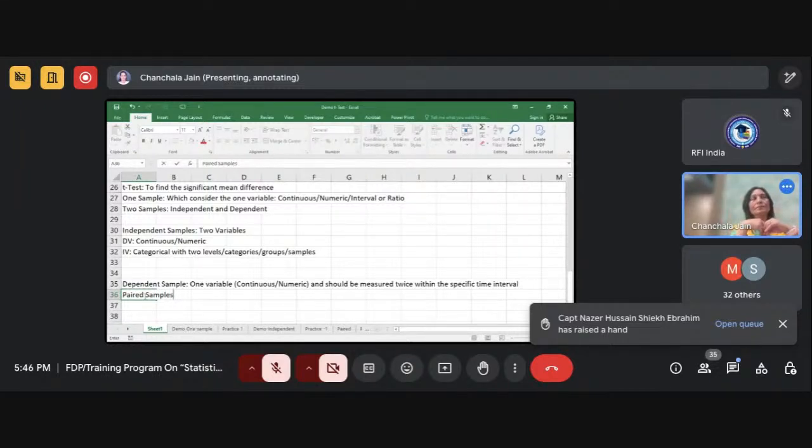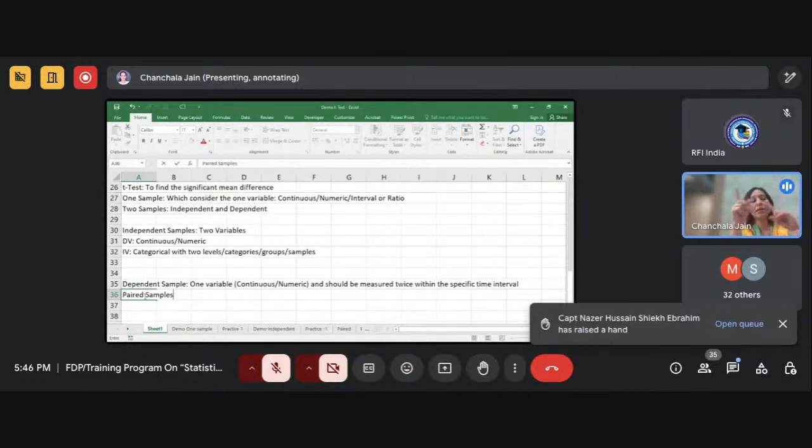Say for example, suppose our company is saying that if you opt for this particular training program, your skills will be enhanced, right? So before opting for that skill development program, you need to measure the value of your skill, and after whatever time period they are promising you, that after this number of months of doing this course your skills will be enhanced, you will again check the skill set or the value of your skill set.